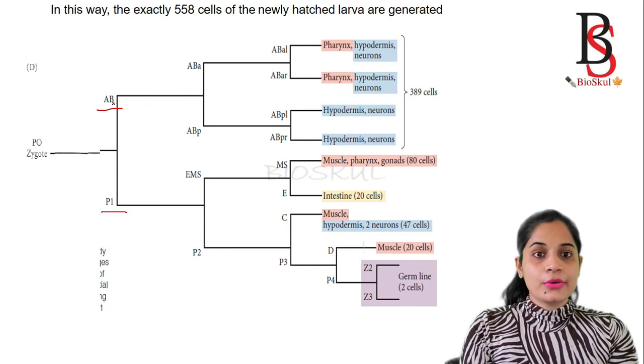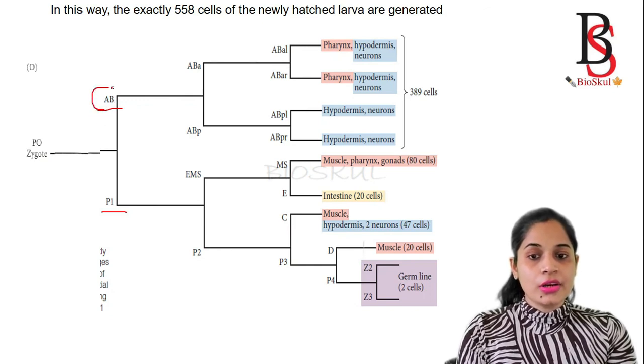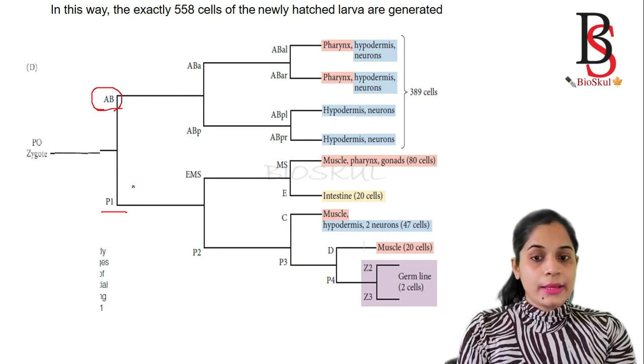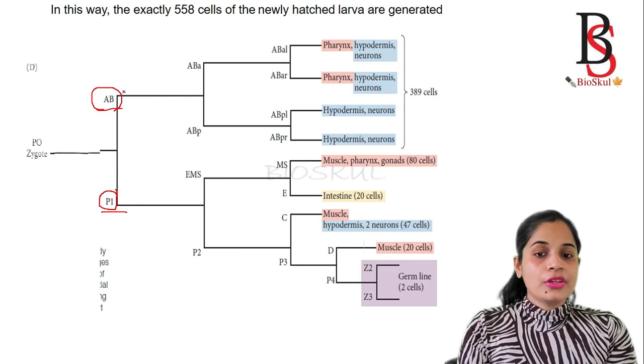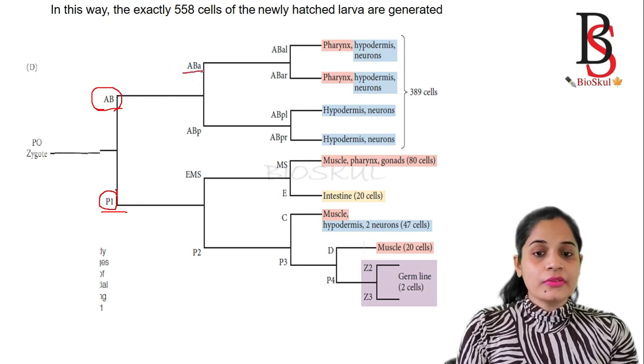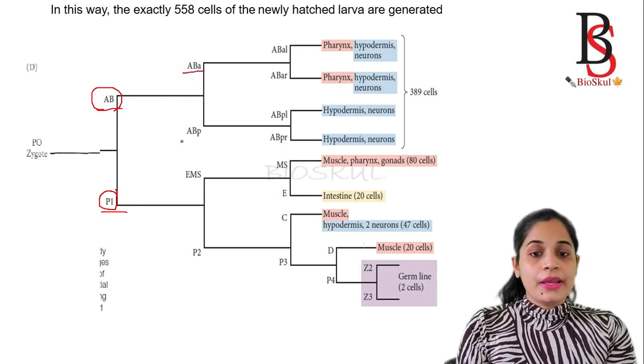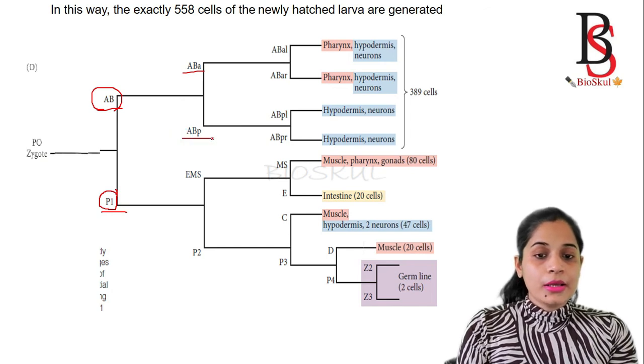So the zygote first divides into the anterior founder cell AB and the posterior stem cell P1. Then the founder cell divides into AB anterior and AB posterior.